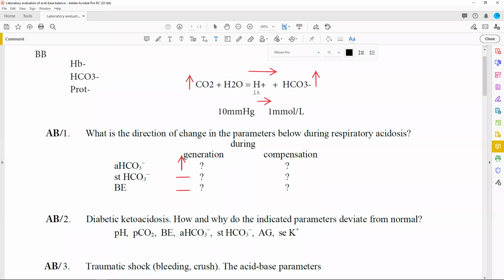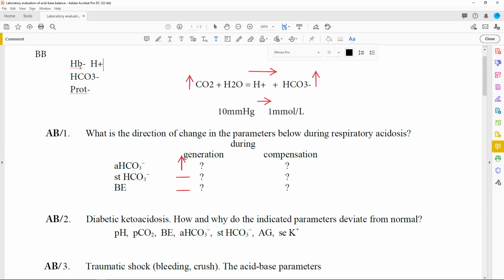If you watch the other movies as well, you will see that this proton is buffered by the hemoglobin. So this proton goes to the hemoglobin and you are gaining one bicarbonate, but you are losing one hemoglobin. So this is why the buffer base at this pH where we live does not alter by respiration, only metabolically.